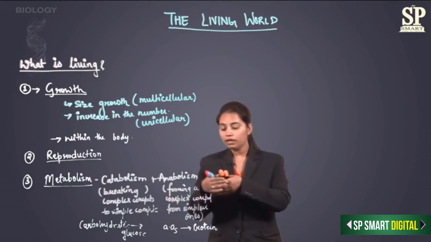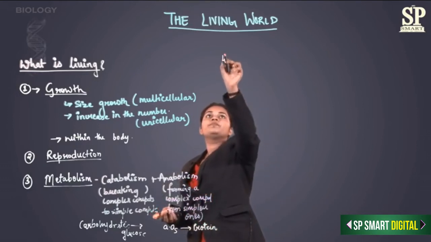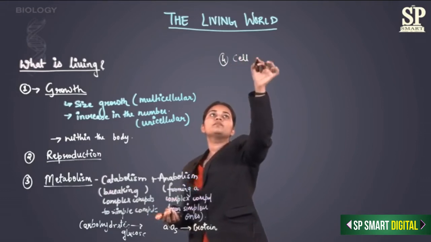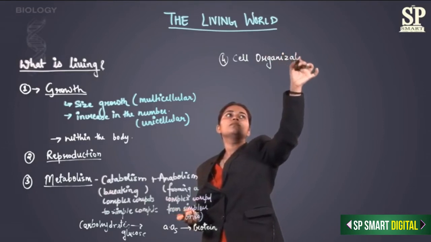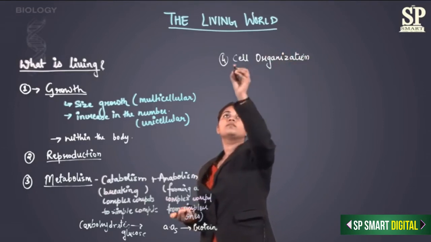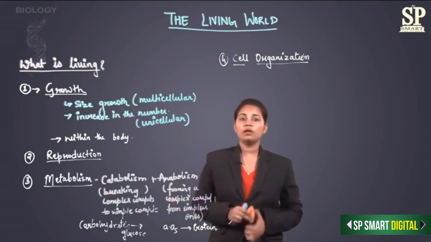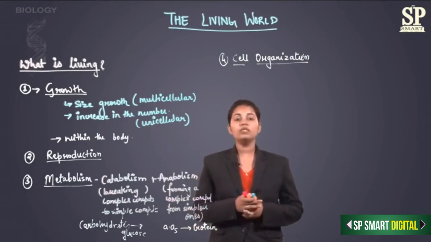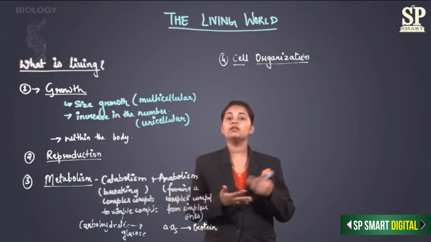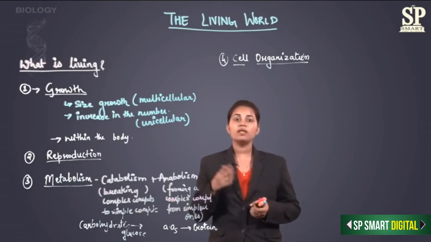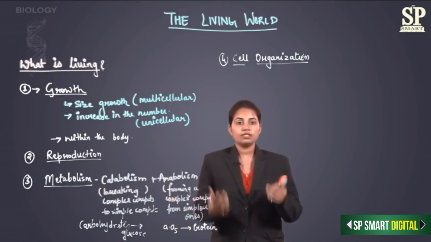Now coming to the third criteria, which is cell organization. Okay, from the very starting itself, I am saying unicellular and multicellular, right? So unicellular or multicellular organisms show some similarities or differences in the cell structure, the organization of the cell, right?